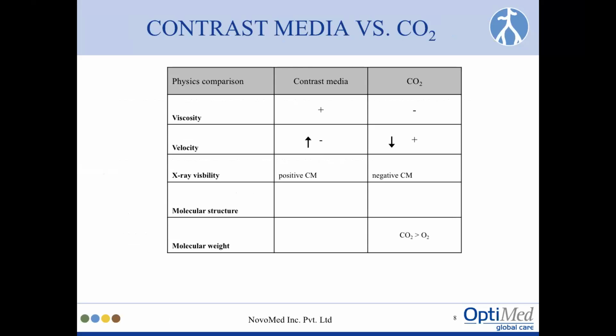On the X-ray pictures that you take when you do a DSA, the contrast appears as a positive picture, whereas carbon dioxide appears as a negative. I'll show you pictures to explain what that means. Of course, the molecular structure is separate for both, but as for molecular weight, carbon dioxide is heavier than O2.